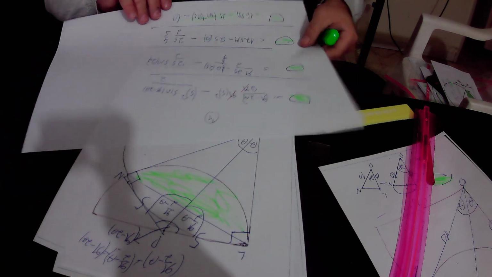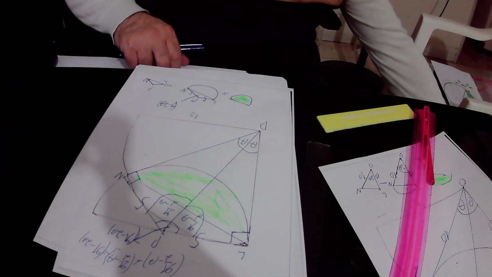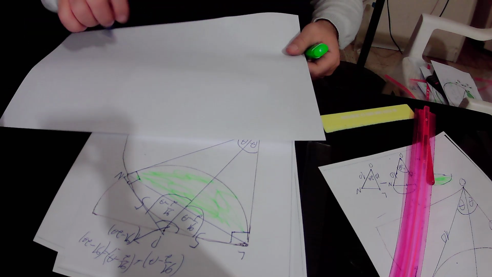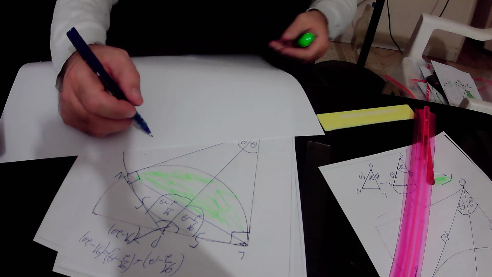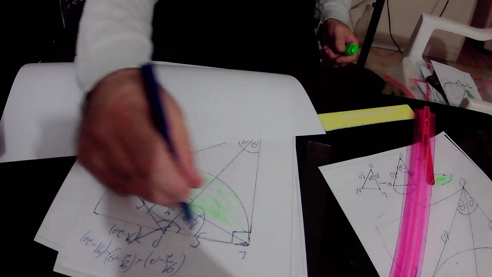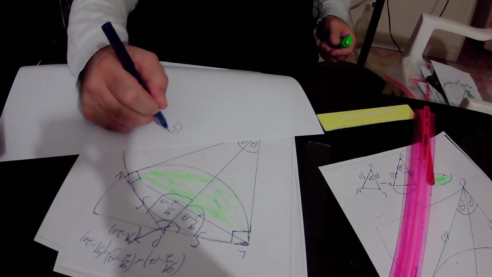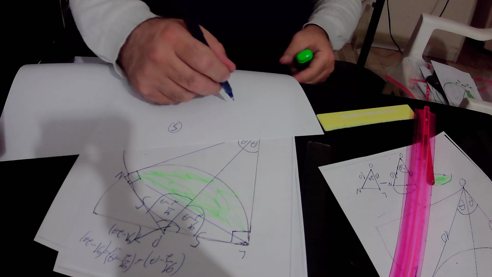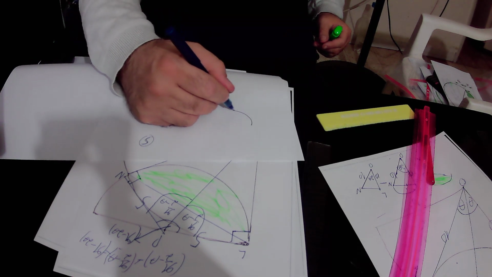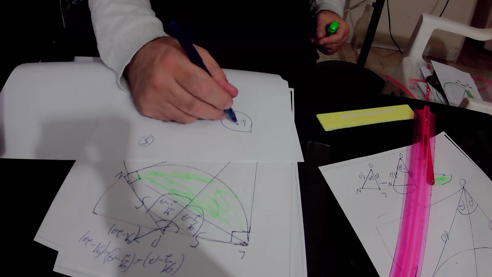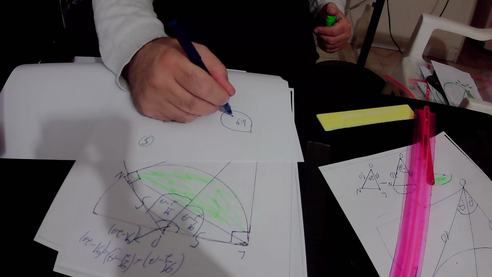Okay, the area of the big lens, here, this big lens, this is the big lens that's composed of the blue lens and the orange shape.